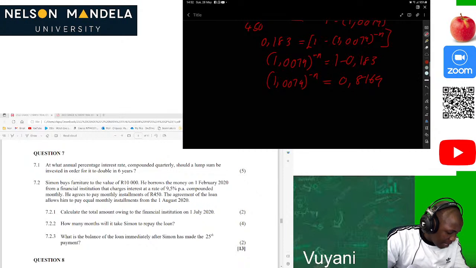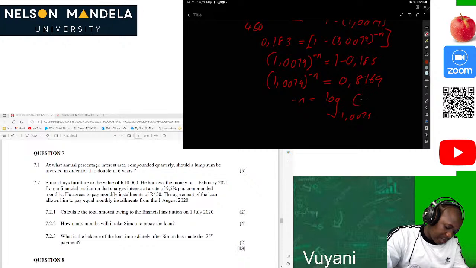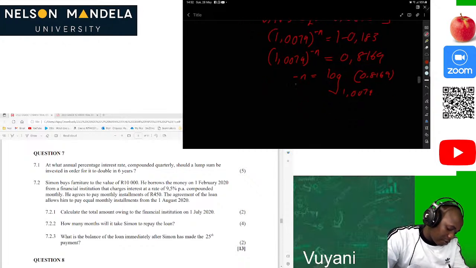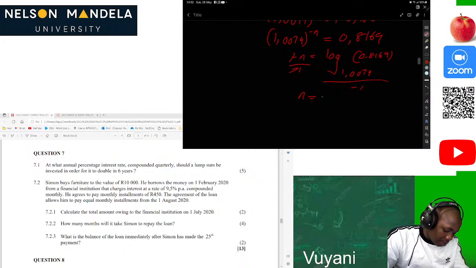When we apply the log, we have negative n is equal to the log of 0.8169 to the base 1.0079. Then we divide everything by negative 1. Then our n will be equal to 25. Let's just do this so that it doesn't look clumsy.